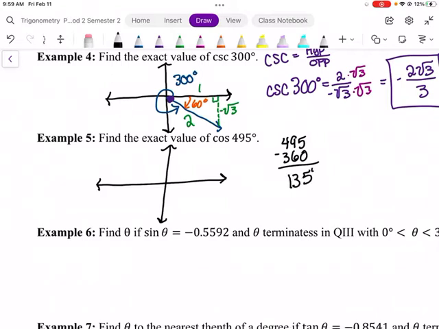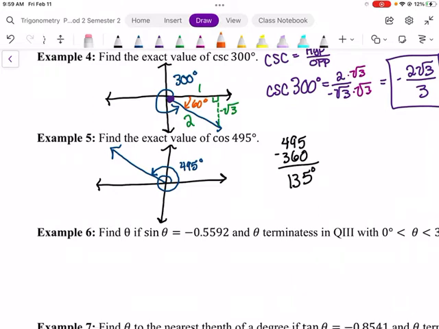That gives me 135 degrees. So we know that this is going to end in the second quadrant. And we're going to go around one full time and then end at 135. And that tells us we went 495 degrees.